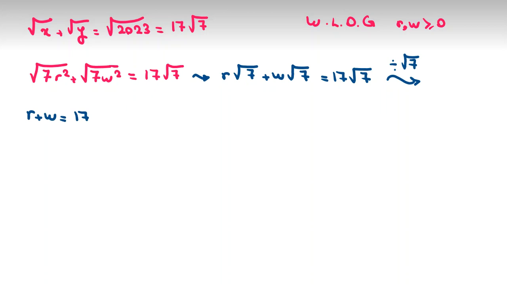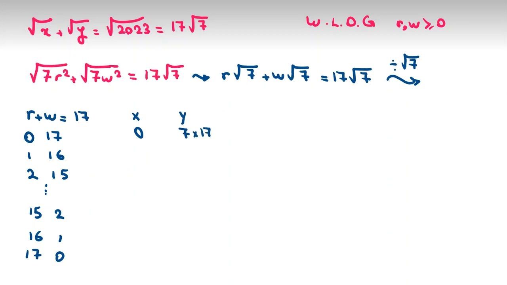Because r and w are at least 0, the pairs will be 0, 17, 1, 16, 2, 15, up to 15, 2, 16, 1, 17, 0. Now, x is 7r squared, so in each case you can find all x and y. For 7r squared equal to 0, y is 7 times 17 squared.